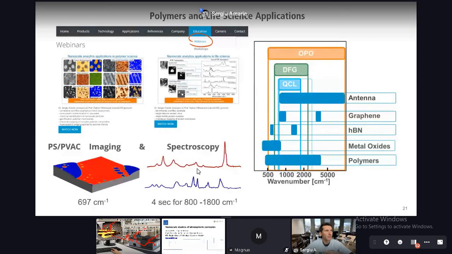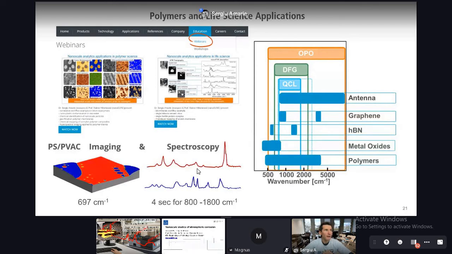Okay, so let's step back once and define what the signal to noise is. Usually you measure the signal to noise by the ratio between the signal and the noise, and of course it also depends on the material that you are measuring. One of the slides presented graphene monolayers, and of course a graphene monolayer might be challenging to measure compared to a polymer, which is 20 nanometers thick or even larger.